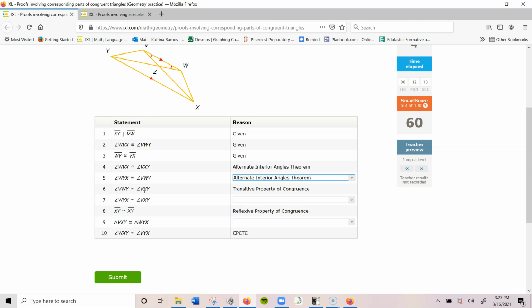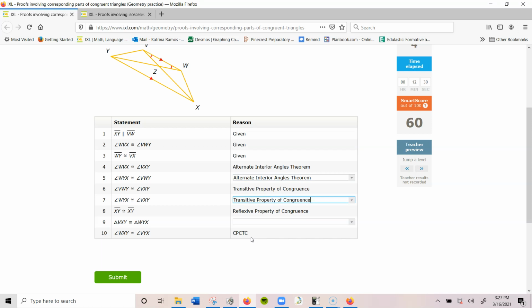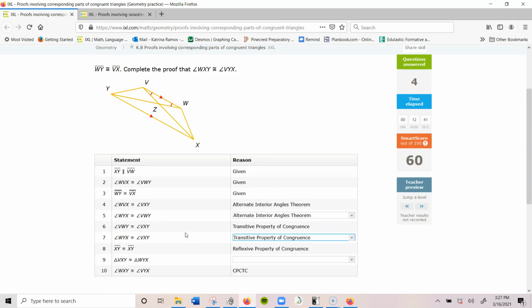So this one is congruent to this one also because of the transitive property, because you are told that WYX is congruent to one angle. So A is equal to B, B is equal to C, therefore A is equal to C. So that's the transitive property of congruence as well. Then we have the reflexive property of congruence because they are the same sides. Now, in order to figure out how these two triangles are congruent, let's draw them out separately.